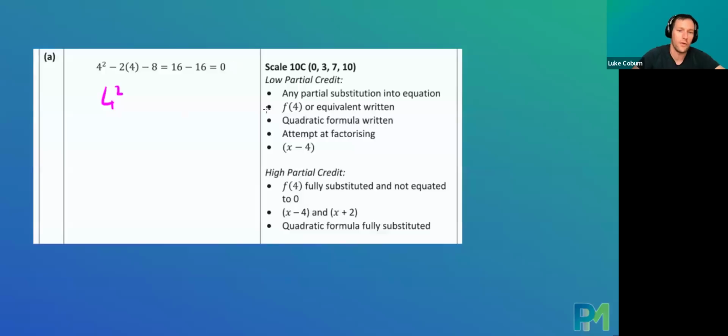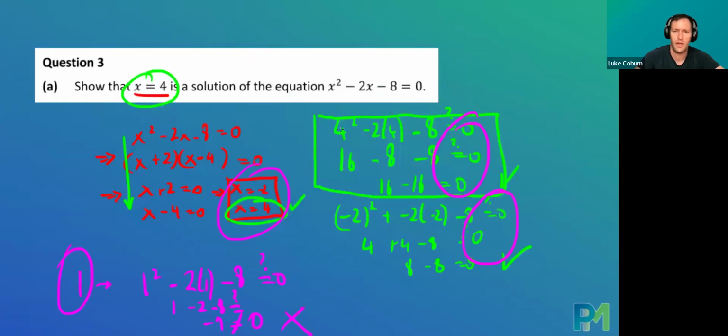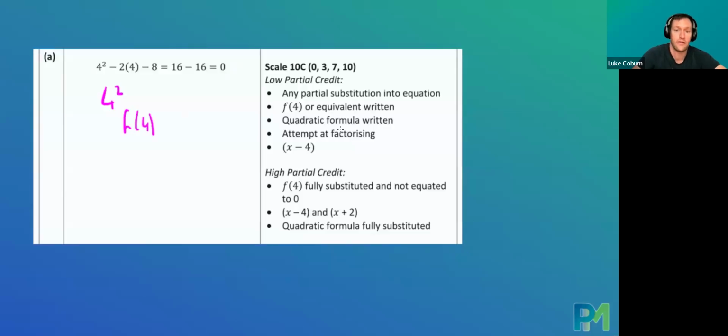Okay, so if we wrote down f of 4, that would be enough to get that mark. If we wrote the quadratic formula for some reason, what would that do for us? Yeah, if we wrote the quadratic formula, then we could get out 2 and 4. I guess it's not really the right way to do it.